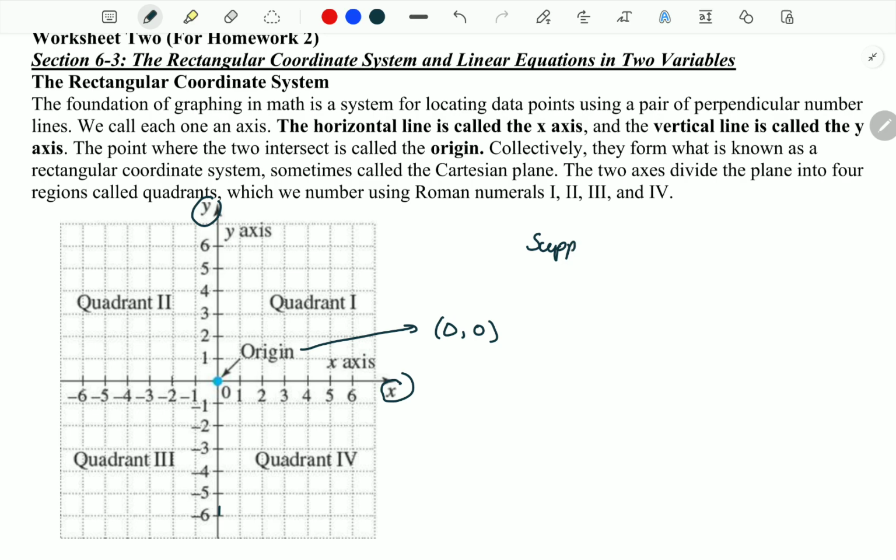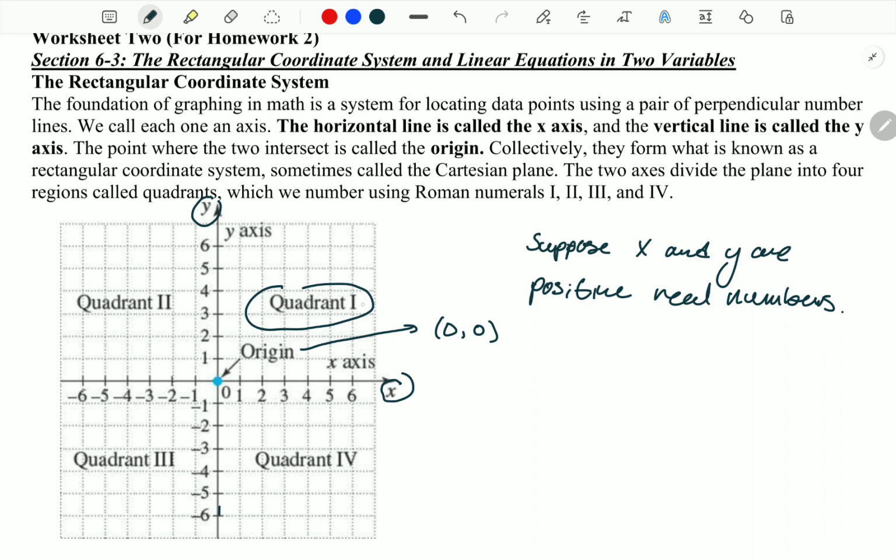Suppose X and Y are real numbers, but I want to say positive real numbers. In quadrant 1, as you can see, the value of X and the value of Y are both positive.